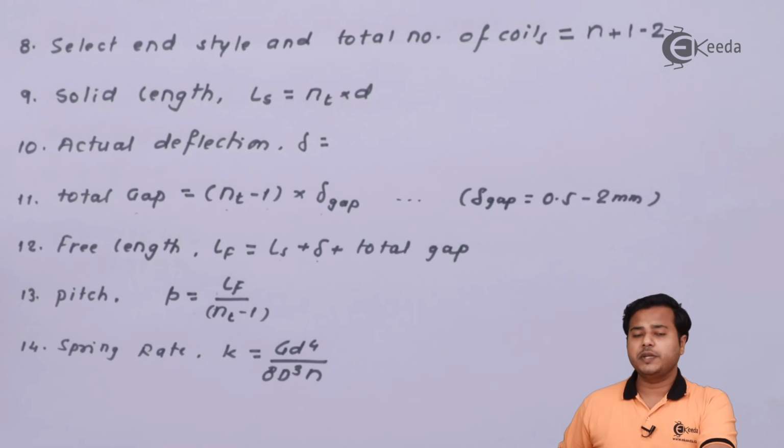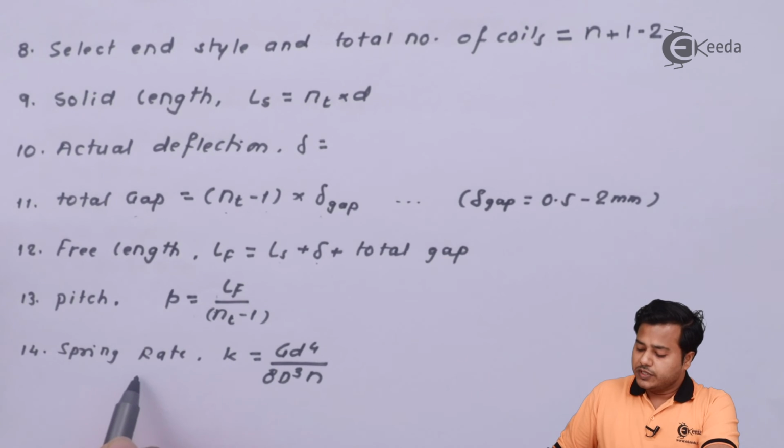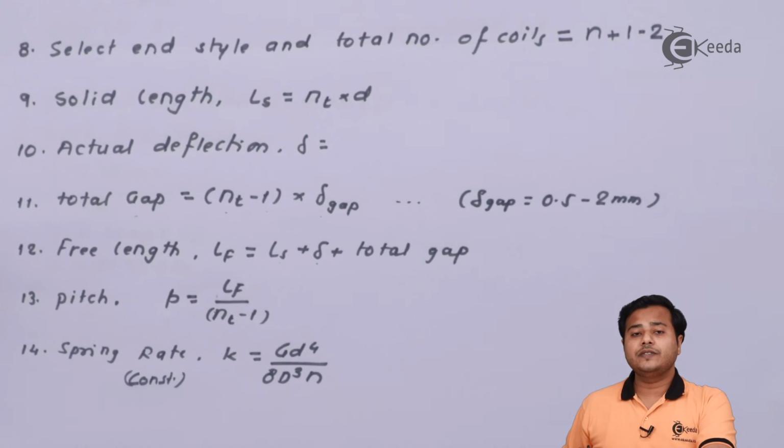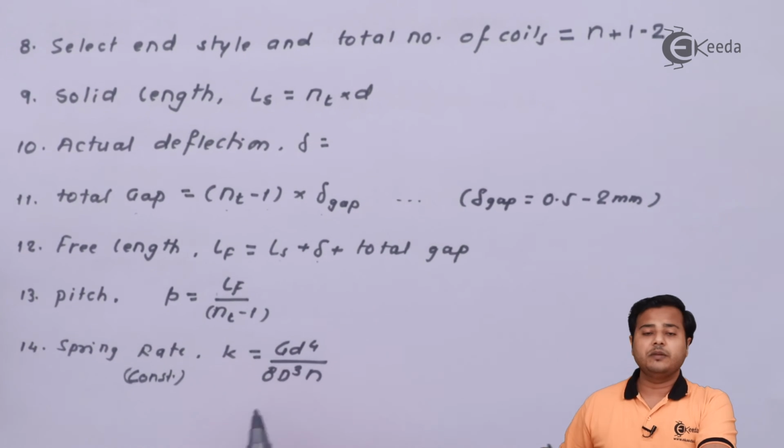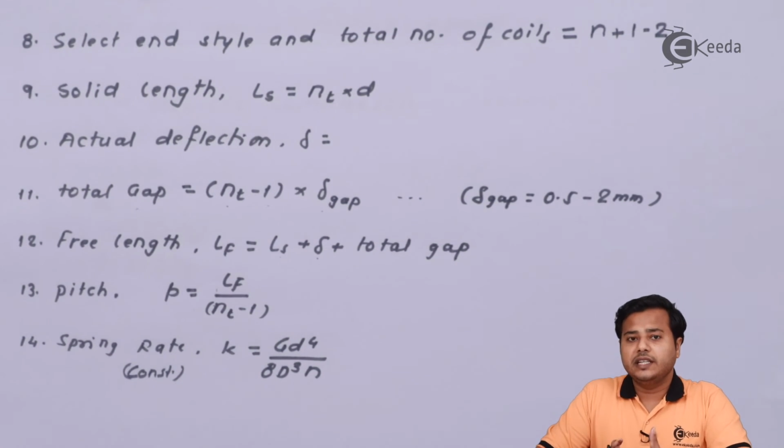And the last thing is the spring rate or spring constant, which is also called constant of stiffness or stiffness value. That will be given by this particular empirical relation which we have seen in the derivation part of this design aspect. So these are the steps that should be used for the procedure to design a helical spring, and certain formulae which are associated.